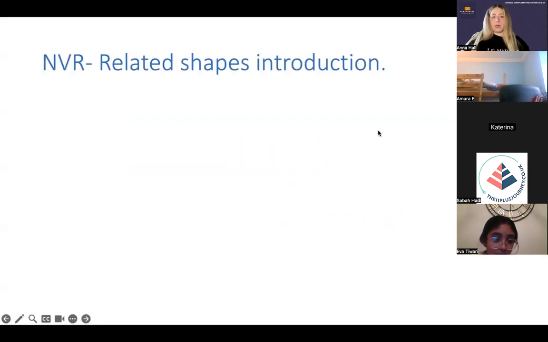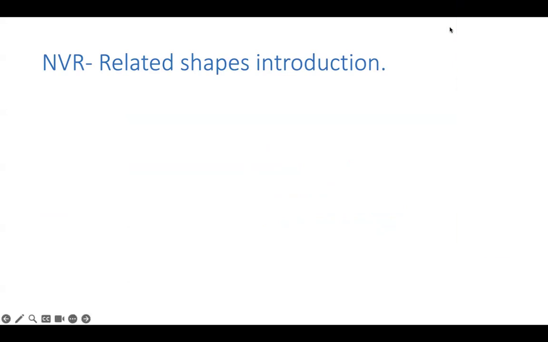So here we go. What we're going to do is look over the next few weeks. I will set work and we will look at work that goes through the different types of questions that you will see in your non-verbal reasoning. Today we're going to focus on one question type, and that is related shapes. There are lots of different ones, but today it's just related shapes.